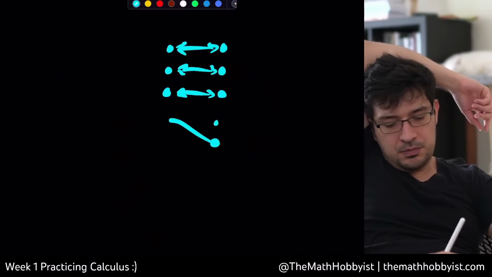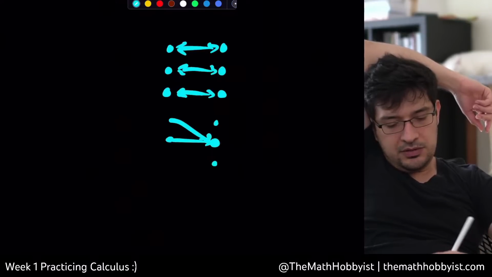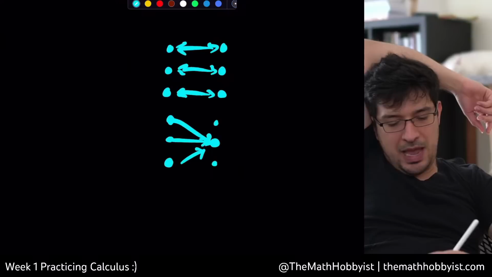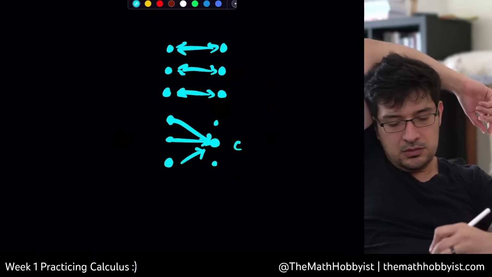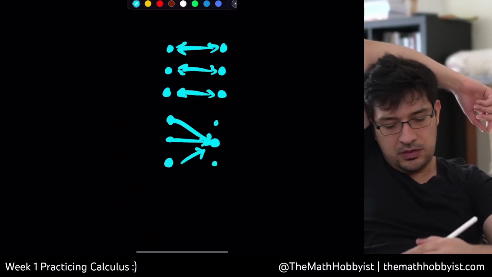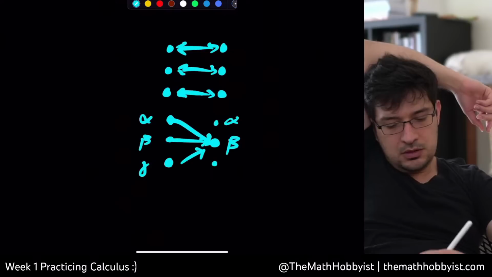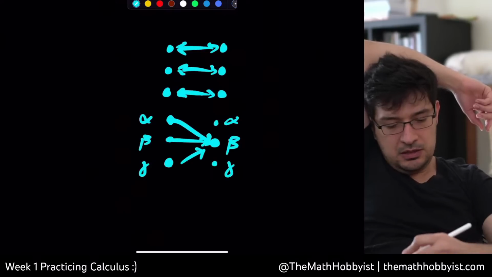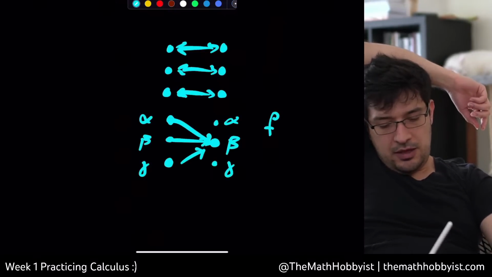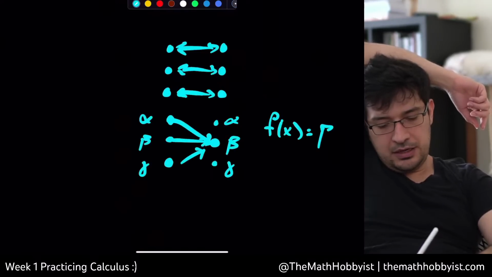But then there's also this other lazy function where everything gets mapped to a single value, a single constant. So from alpha, beta, gamma to, again, alpha, beta, gamma, where f of anything equals beta.